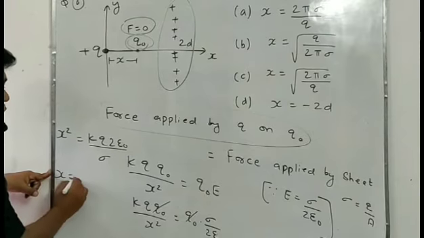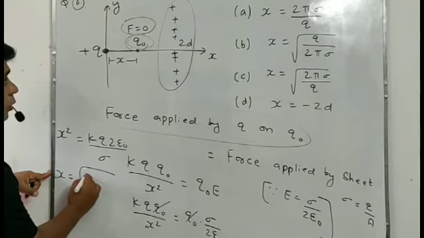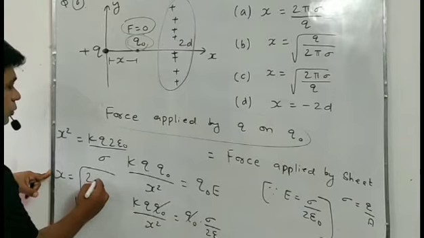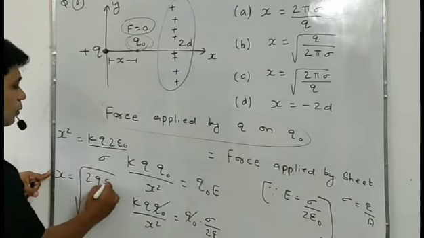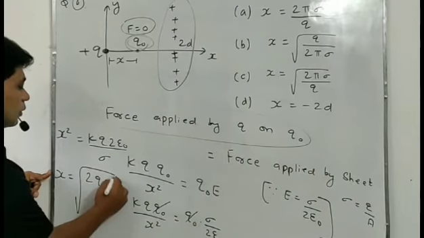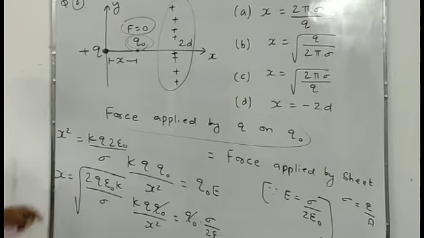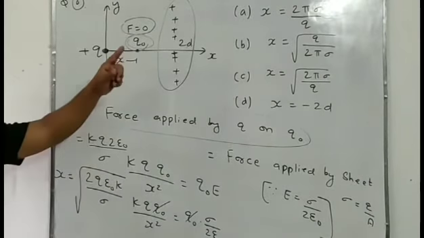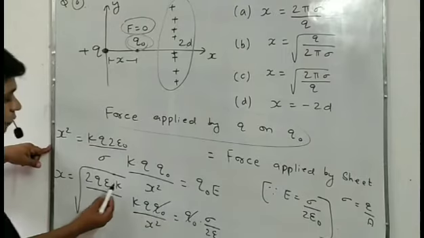When you remove the square, it comes 2 q epsilon naught k by sigma. Students, this is not the given answer. Finally, we'll put the value of k.